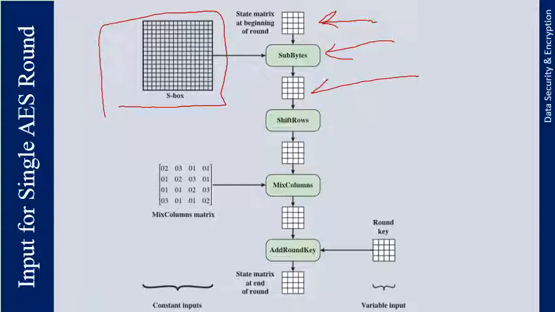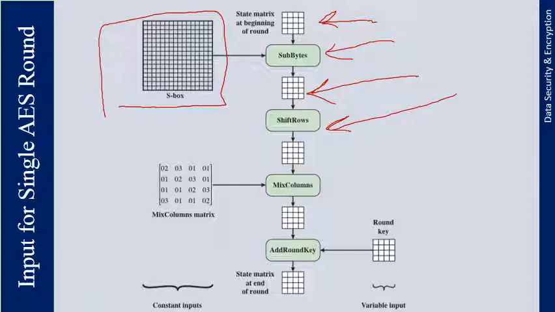Then we get the state matrix after sub bytes, and on that we perform the shift rows: in the first row we do not shift any of the values, in the second row we perform a 1-byte circular left shift, in the third row a 2-byte circular left shift, and in the fourth row a 3-byte circular left shift.